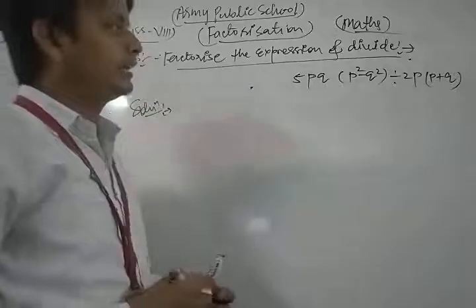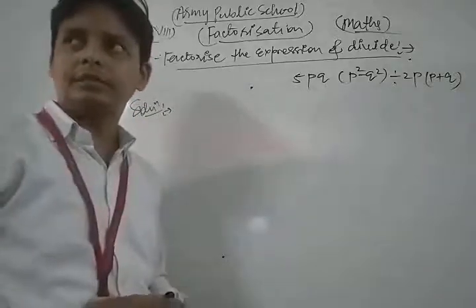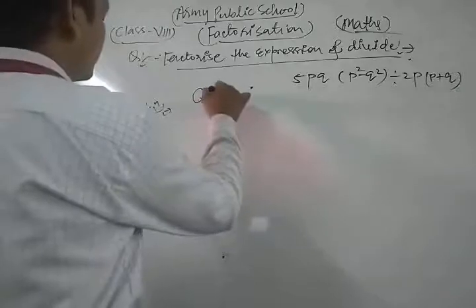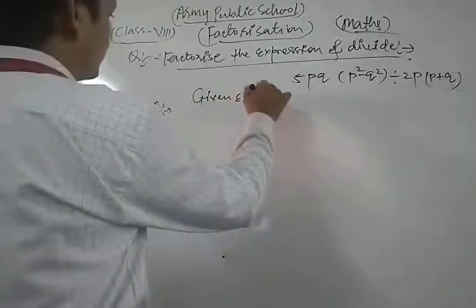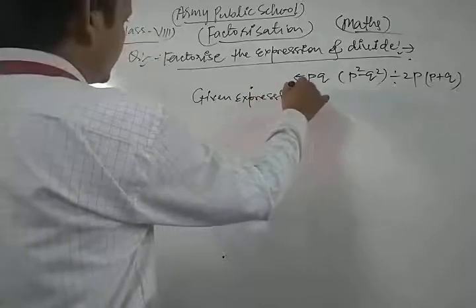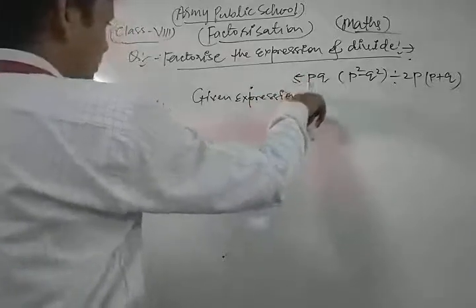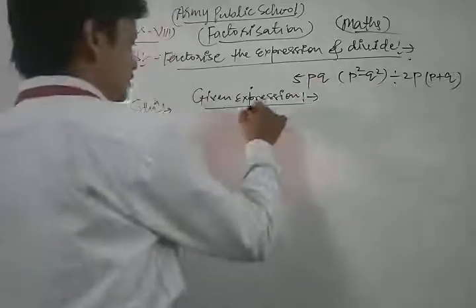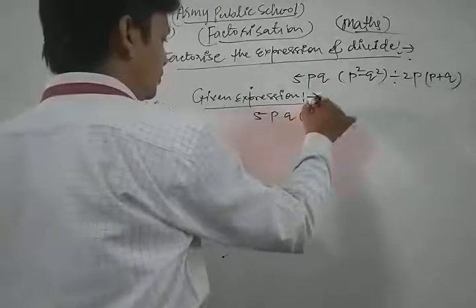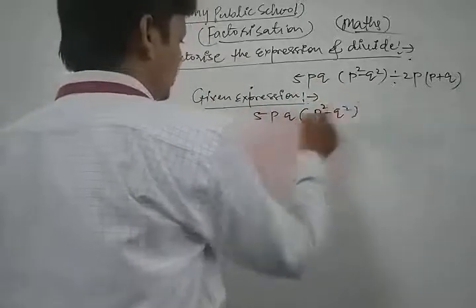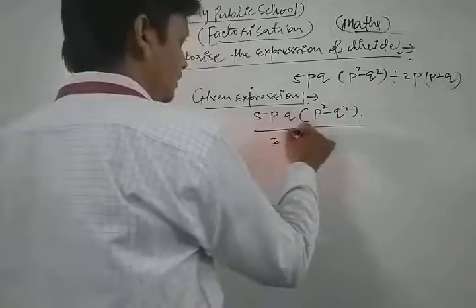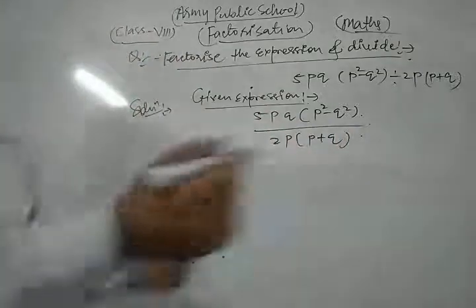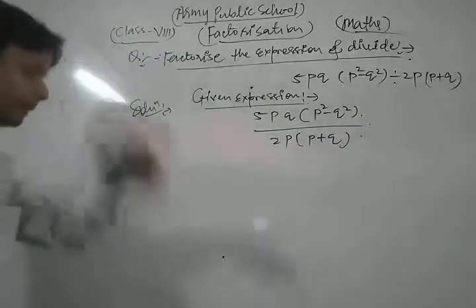First of all, we write the given expression. This is 5pq (p square minus q square) divided by 2p (p plus q).